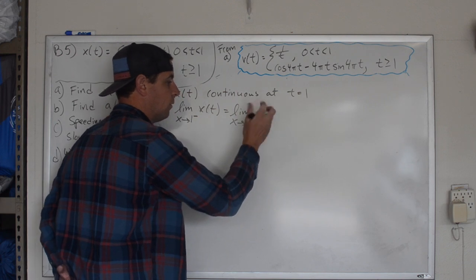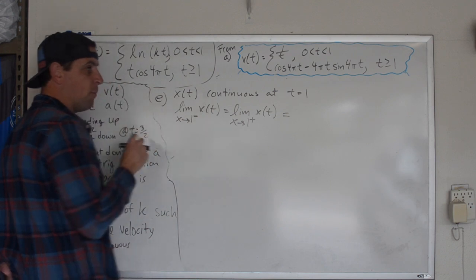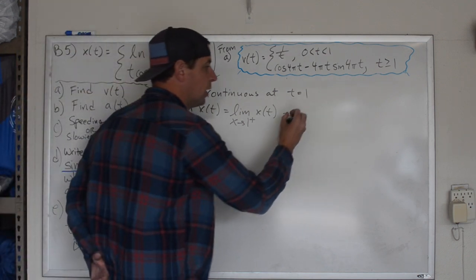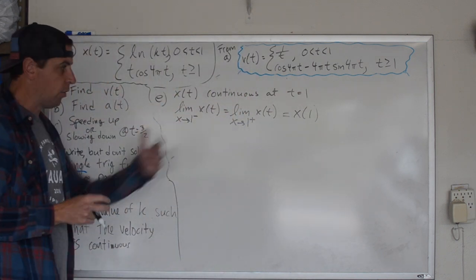And both of those need to equal the actual value at 1. So that needs to equal x of 1. Okay? So all three of these have to be true.